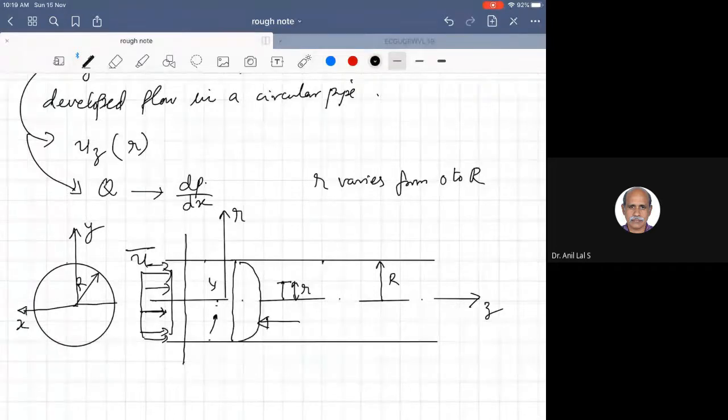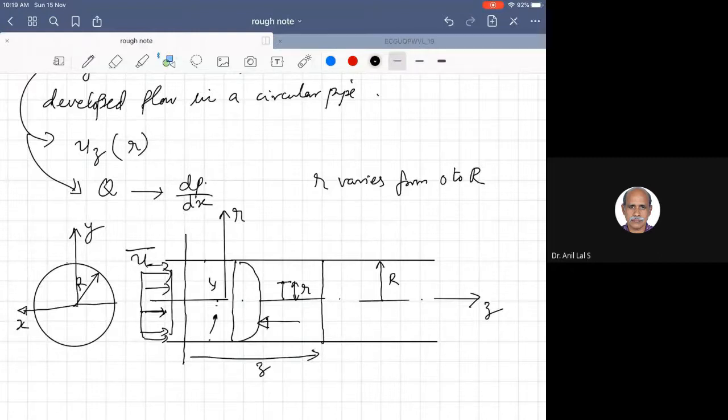And it goes on changing till you get a velocity distribution at some z value, something like this. This velocity distribution does not change as z increases.